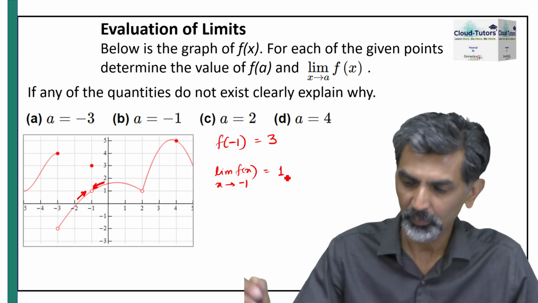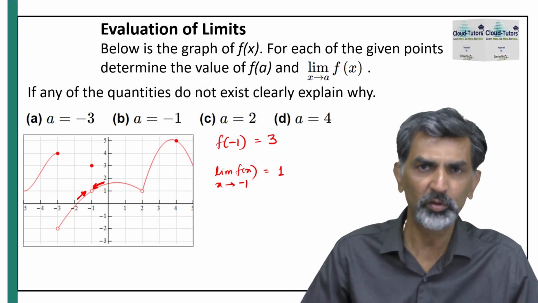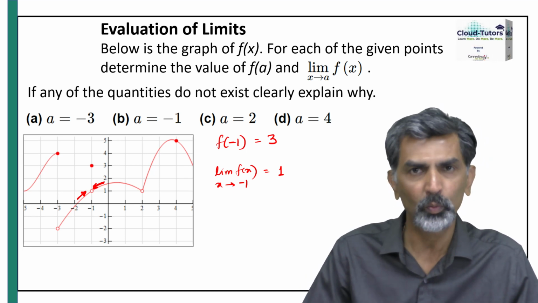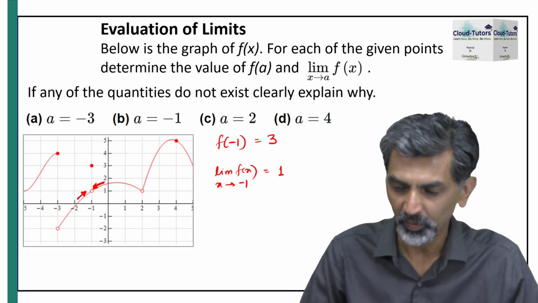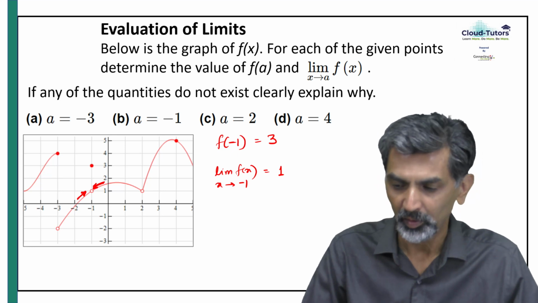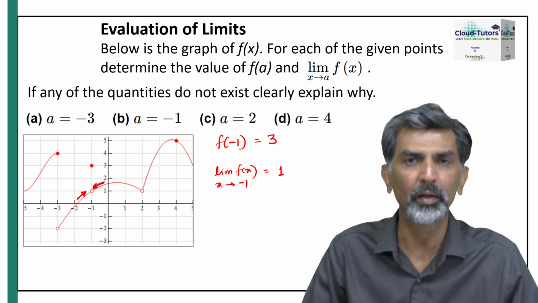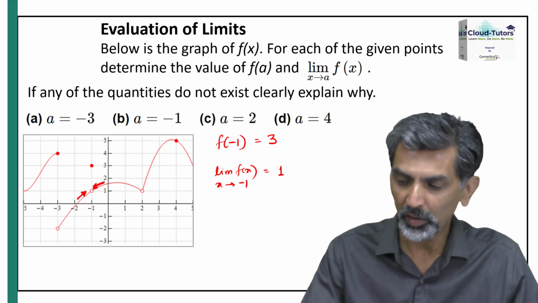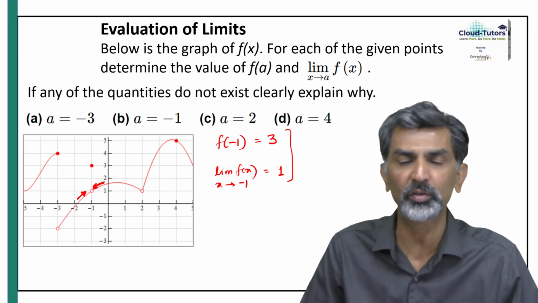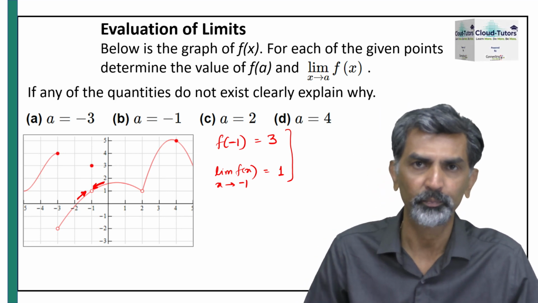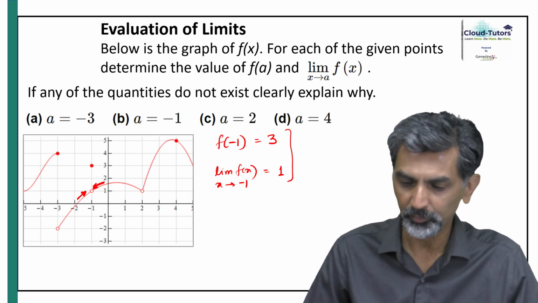Therefore, now this is another situation which is also possible. This is a situation where f of x is defined, and in this case f of negative 1 is 3. The limit is also defined. Limit of f of x as x tends to negative 1 is 1. But these two are not equal. The limit is not the same as the value of the function at that point.